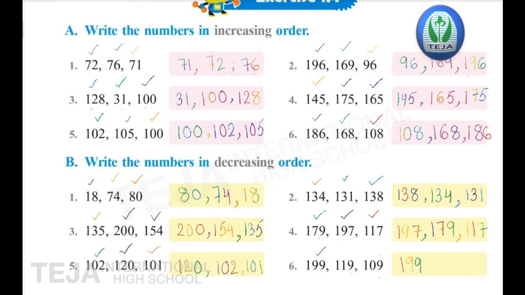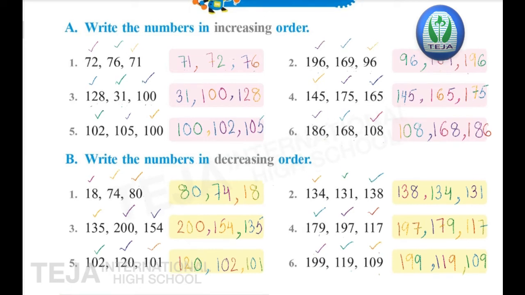Now next the biggest number is 119. And the last number is 109. Here the question itself is arranged in decreasing order, that is from greater number to the smaller number, bigger to smaller. So the question itself is the answer of this bit. Okay, children. Now with this we have completed exercise 4.